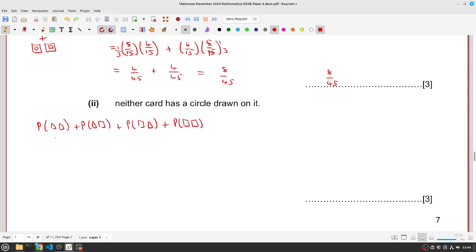So probability of triangle is 6 out of 15. And then another triangle, 6 out of 15 again, because we replace the card each time. And now triangle and then square, or square and then triangle, 6, or square and then square again.